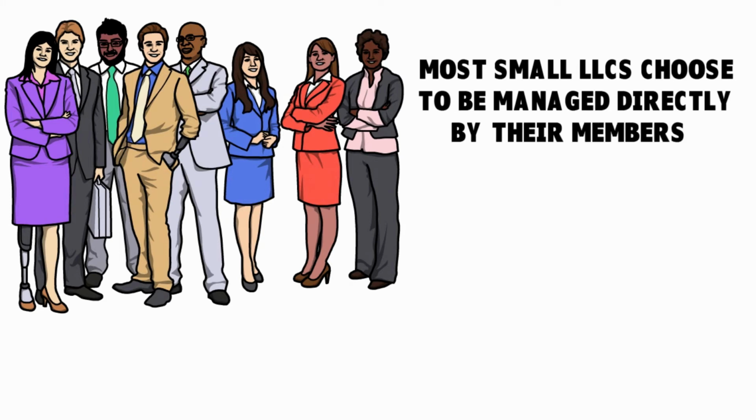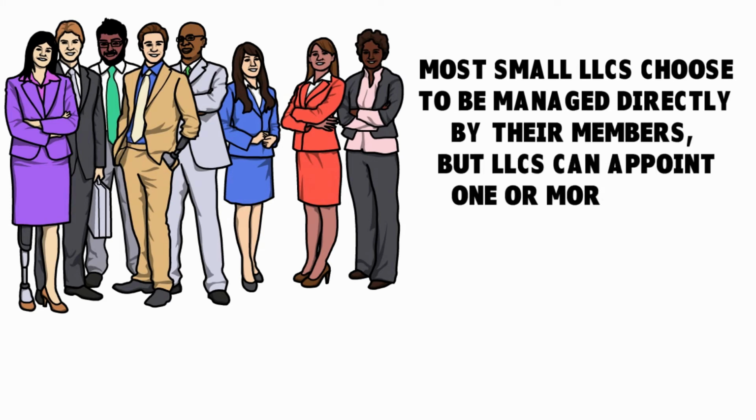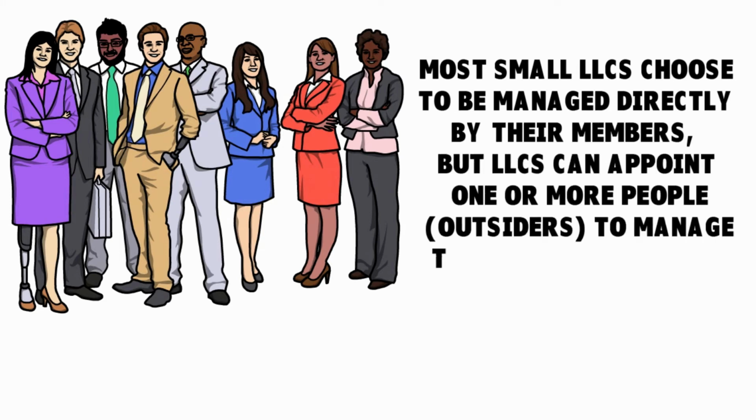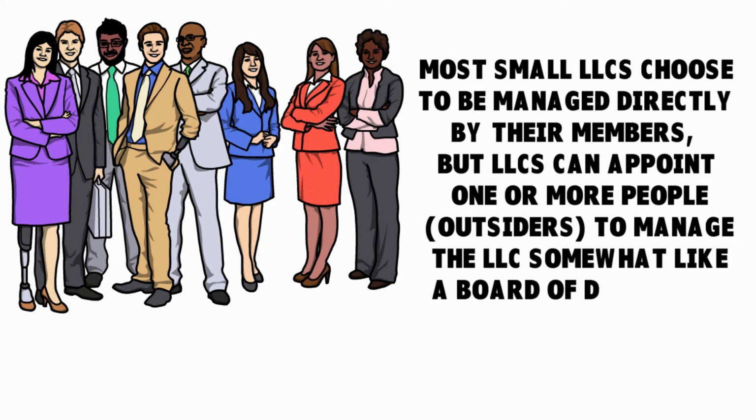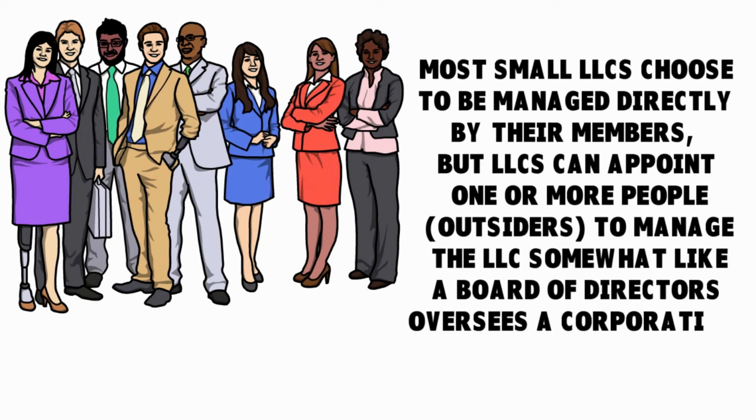I'm talking here about a board of directors or a board of overseers or a board of trustees, right? This is kind of analogous to what you have in the corporate world, where you have a board of directors overseeing a corporation.